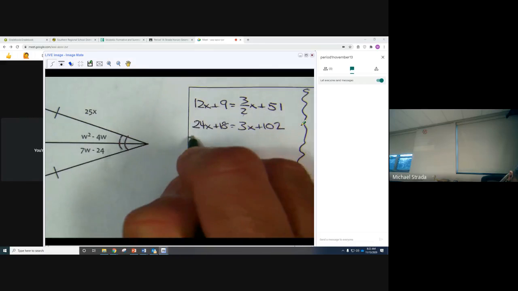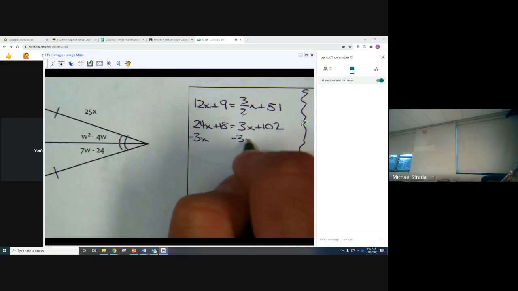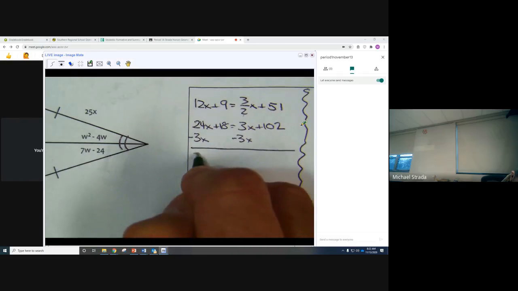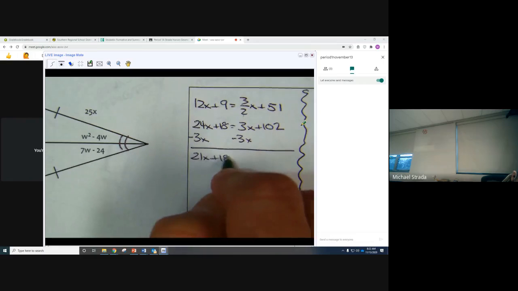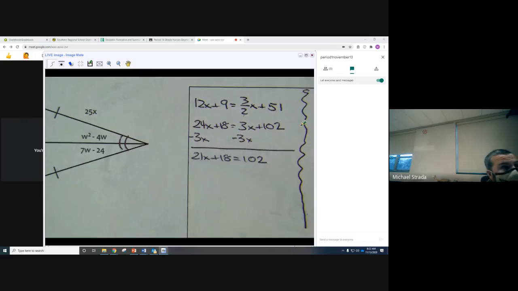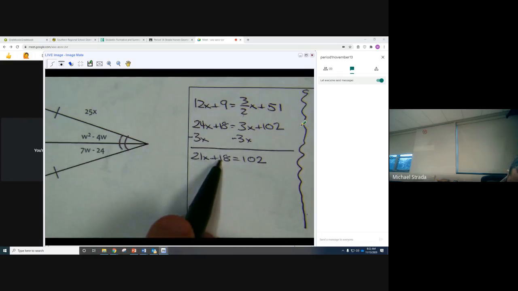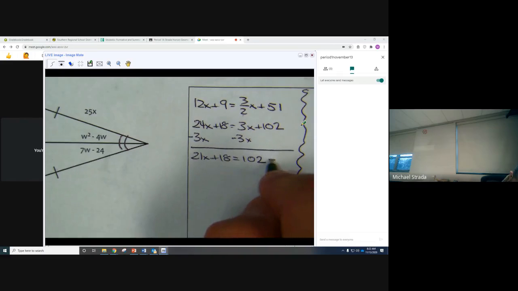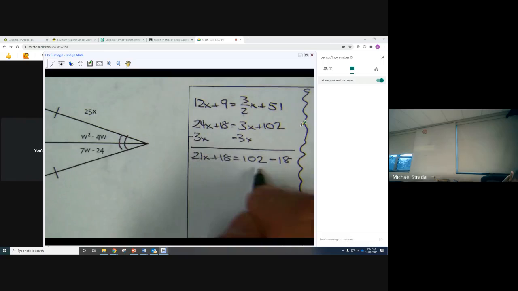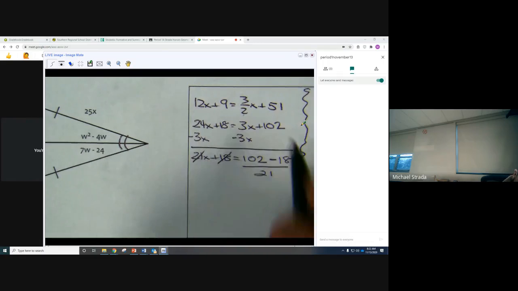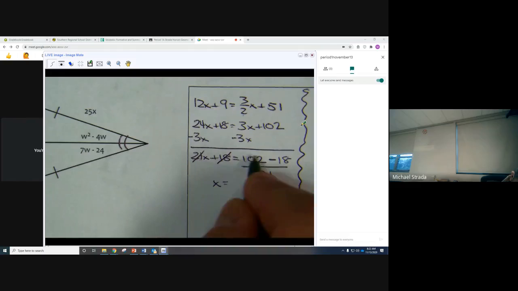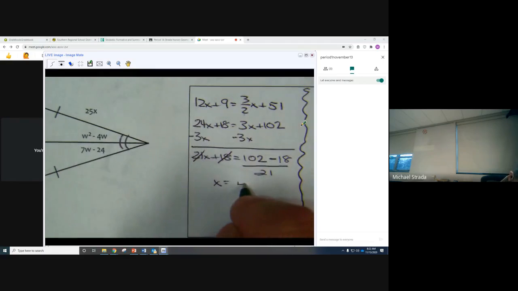So chances are I subtract that from both sides to reduce the possibility of negative numbers. 21x plus 18 equals 102. How then am I going to get rid of the plus 18? Subtract 18. How am I going to get rid of the multiplication by 21? Divide. X equals 102 minus 18 is 84. 84 divided by 21 is a nice integer value.